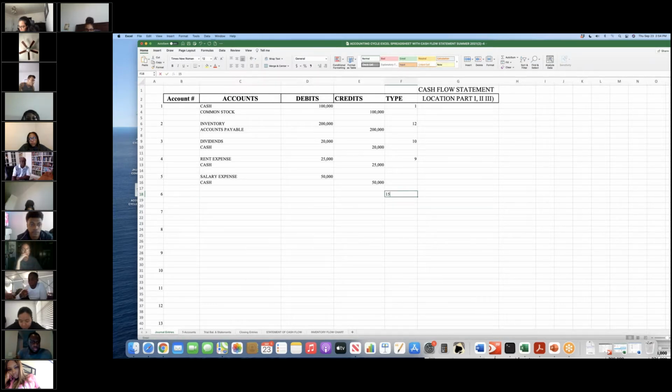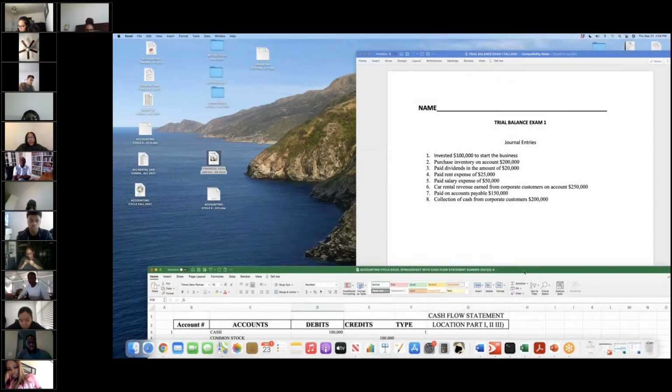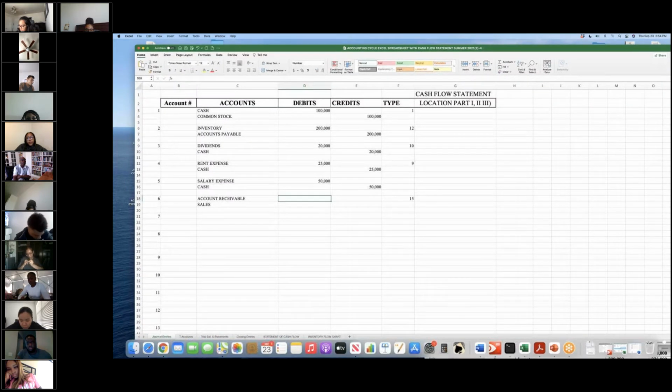On a 15, we're going to debit accounts receivable. What are we going to credit? Sales. Yeah. Credit sales. And that was how much? $250,000.